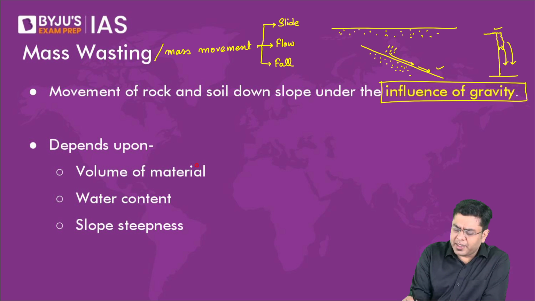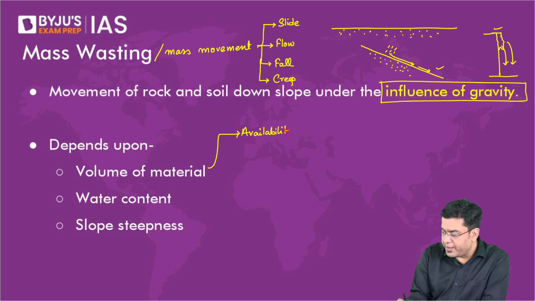Many of the times creep, because it is so very slow, is not categorized separately. So when we say volume of material, it is the availability of loose materials which can move.